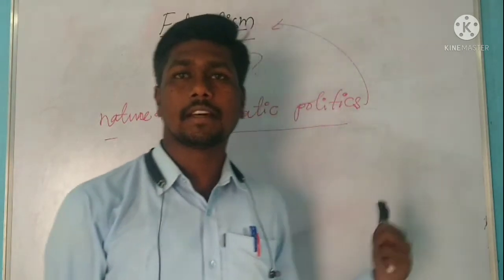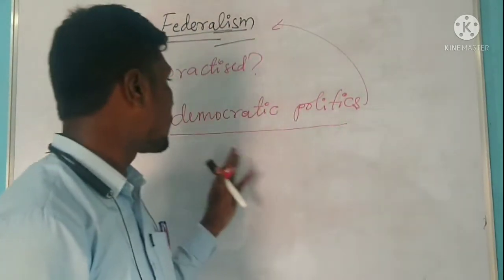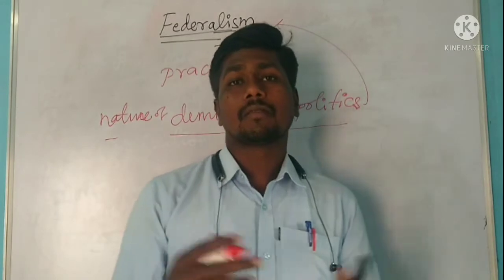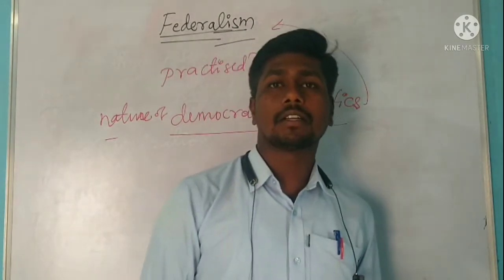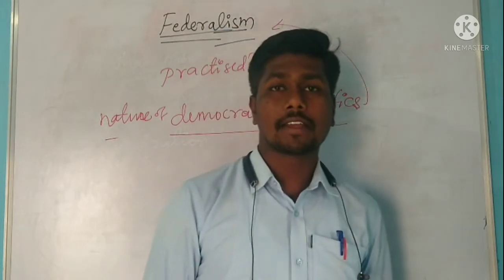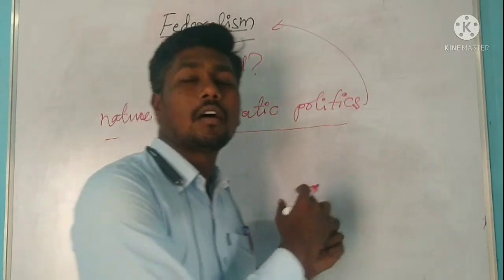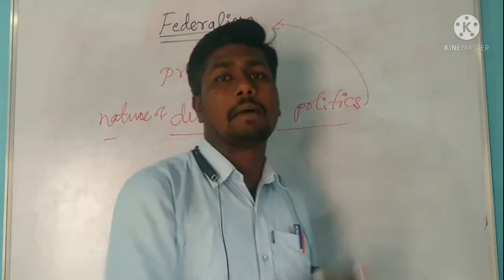Then we will learn what are the major ways in which this happened. I mean, what are the major ways in which the spirit of federalism is maintained, as well as respecting diversity and having the desire to live together. How are all these things maintained? In what ways did all these things happen?